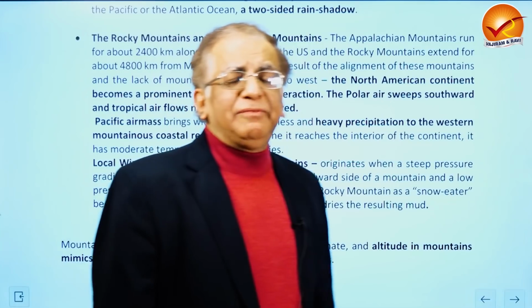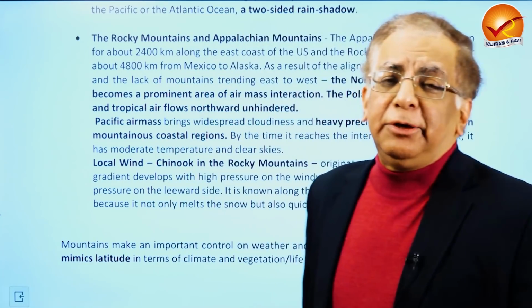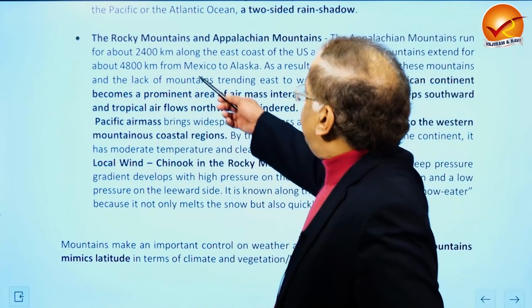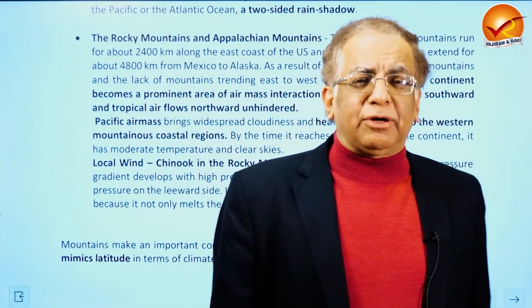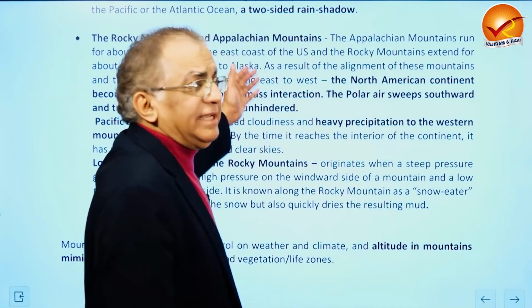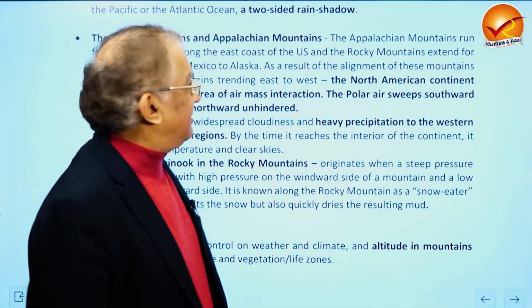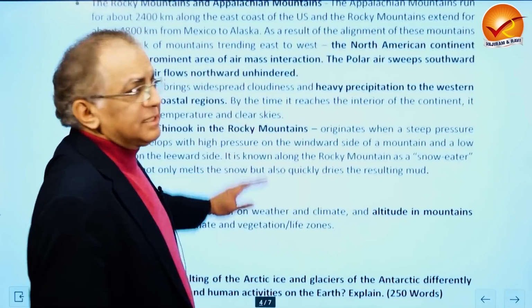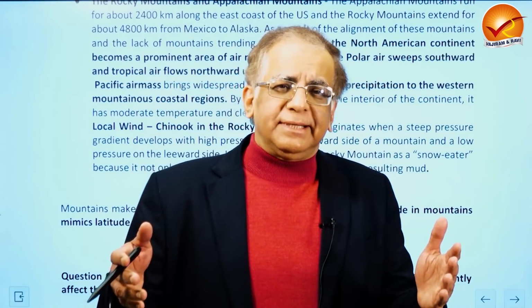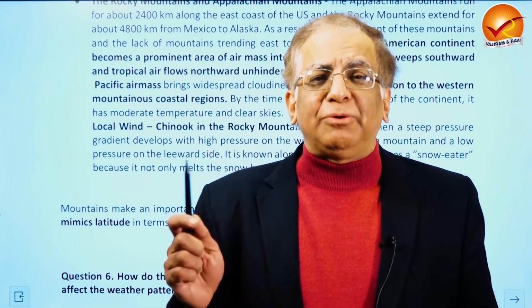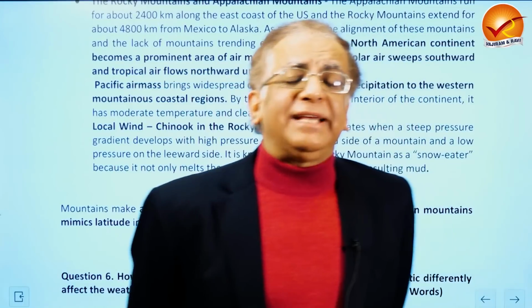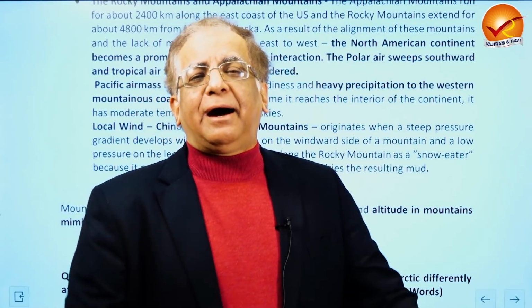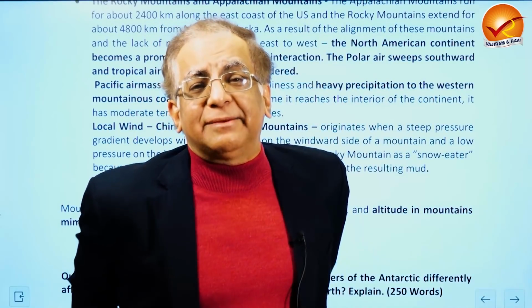Then the example we can take is the North American region. On the west we have the Rocky Mountains, and on the east we have the Appalachian Mountains. Since there is an absence of east-west mountains in North America, the North American region becomes a very large ground for the air masses of the world to interact easily.